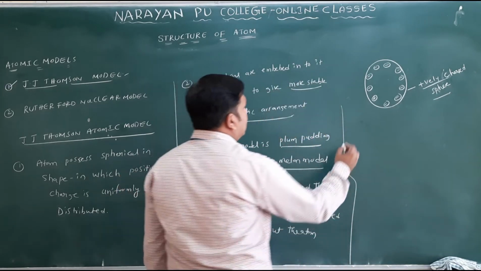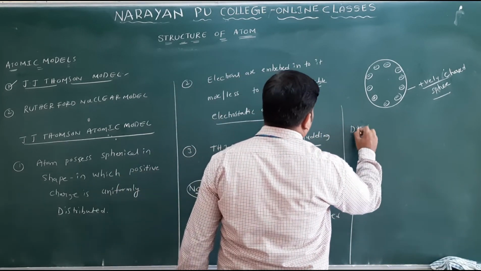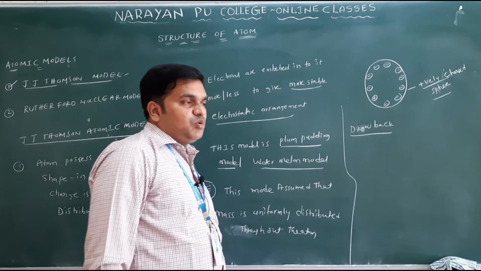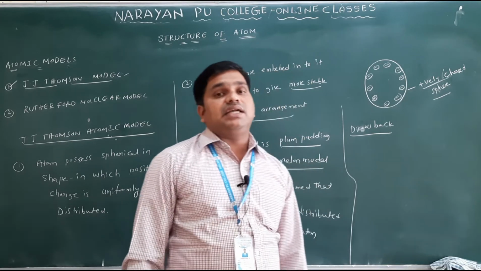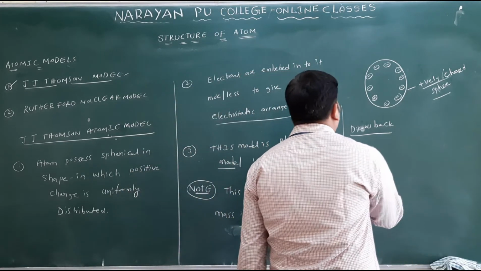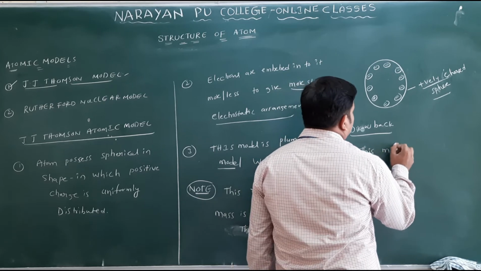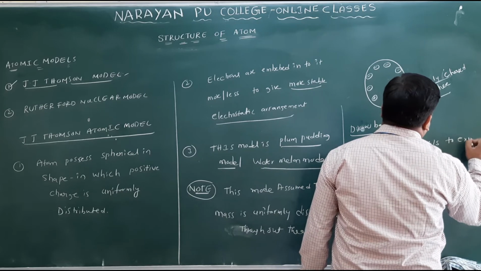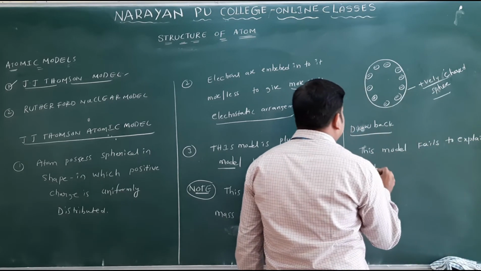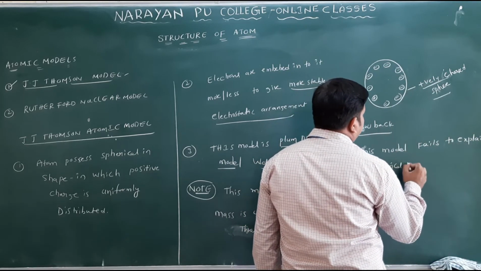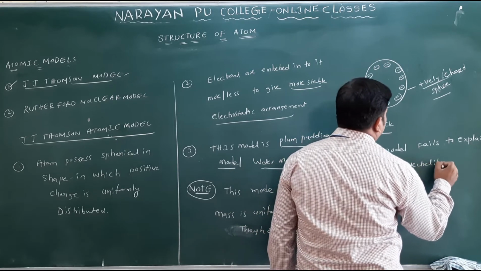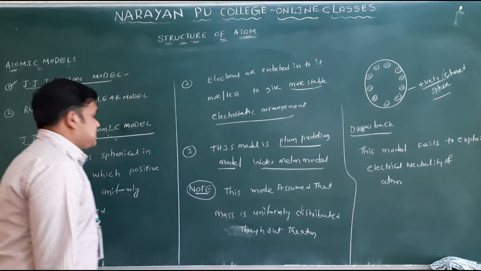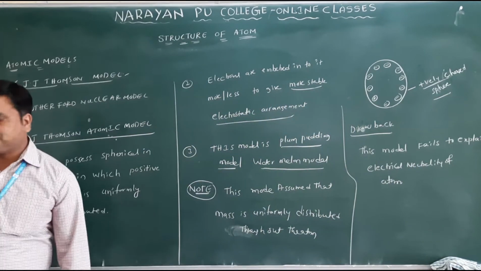So what are the drawbacks of the J.J. Thomson atomic model? The J.J. Thomson atomic model could not explain the electrical neutrality of an atom. This model fails to explain the electrical neutrality of the atom. So this is regarding the J.J. Thomson atomic model.